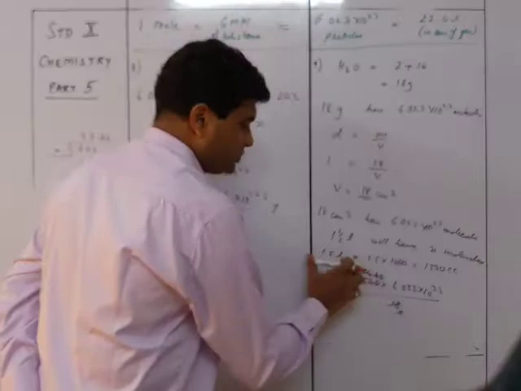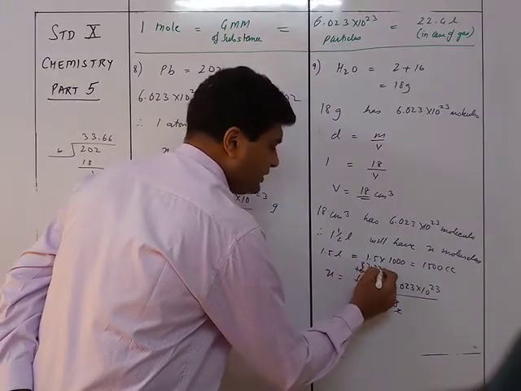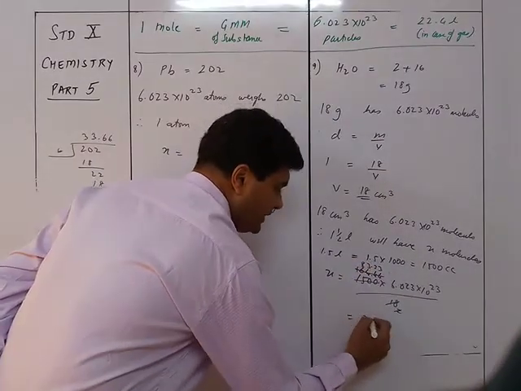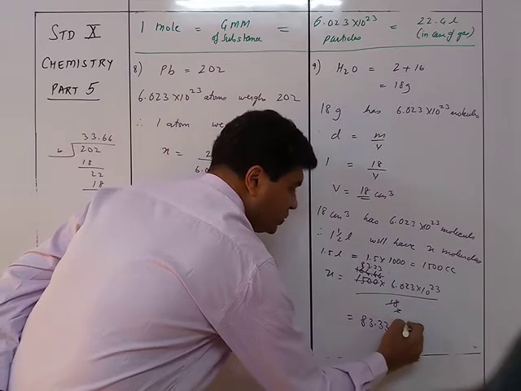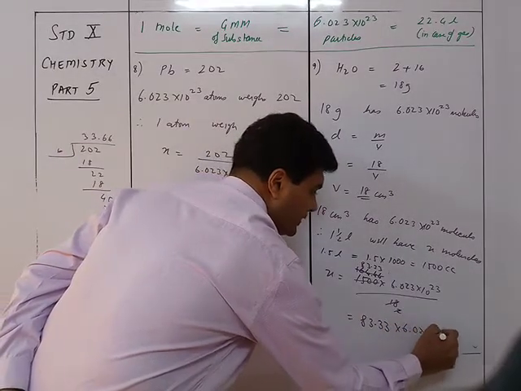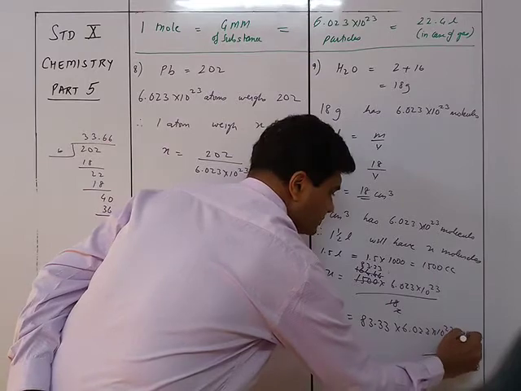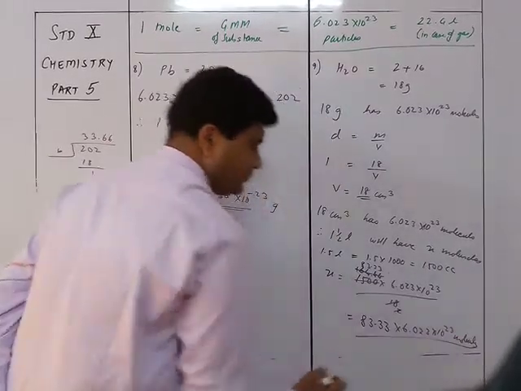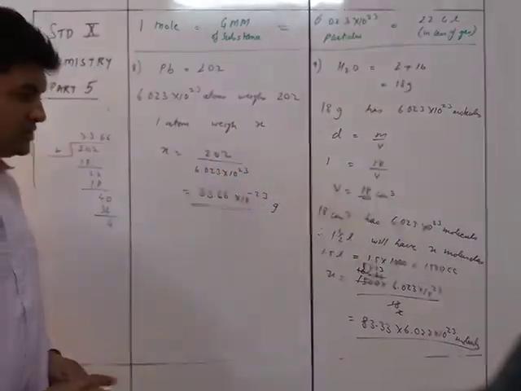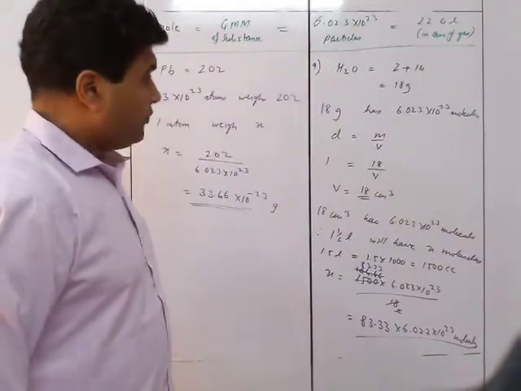Some mistakes earlier, so it will be 83.33. You can just calculate it. So it will be 83.33 into 6.023 into 10 raised to 23 molecules. Okay, this is the answer for sum number 9.